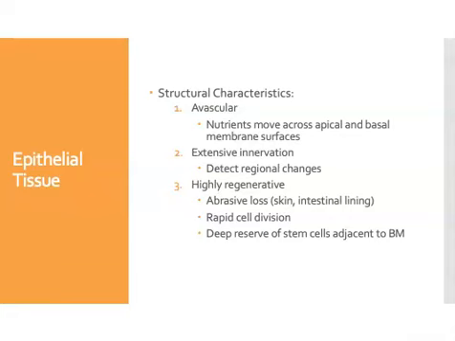Abrasive loss, in other words, occurs on the surface of the body. Every time you put your clothing on or take your clothing off, every time you bump into something, when you get in the shower, all of those things are going to abrade away the very surface level of your skin.